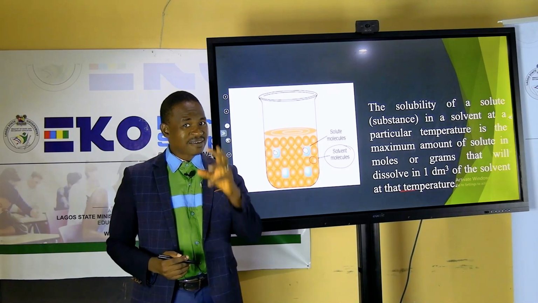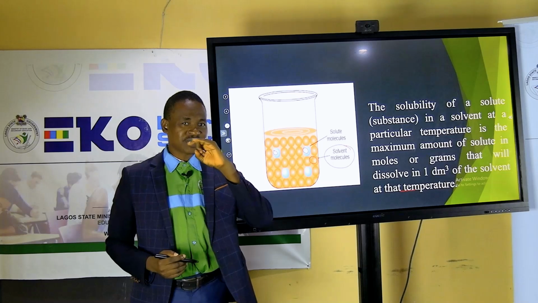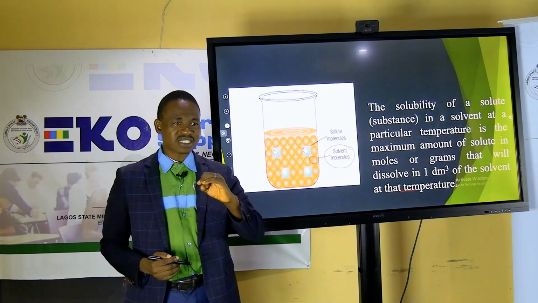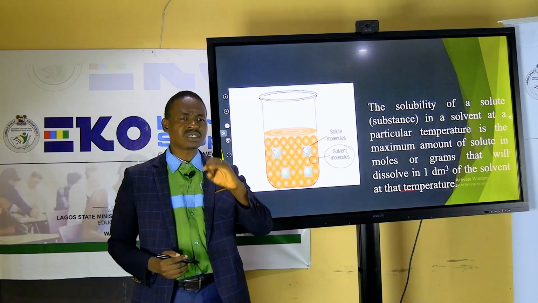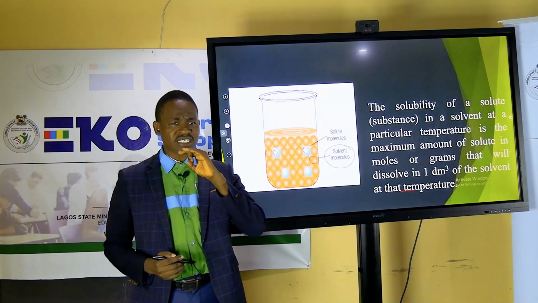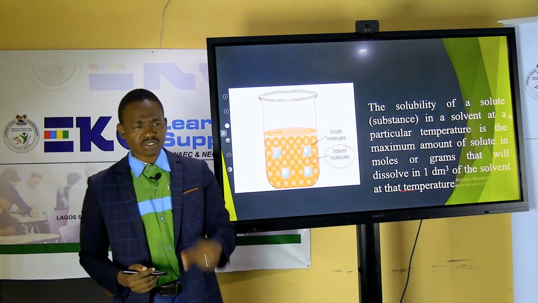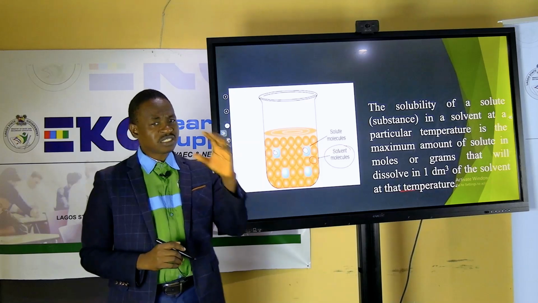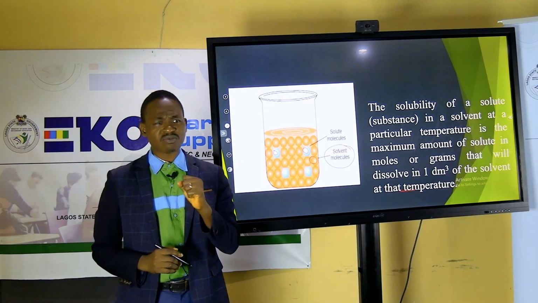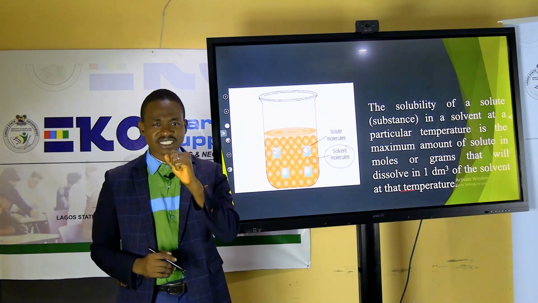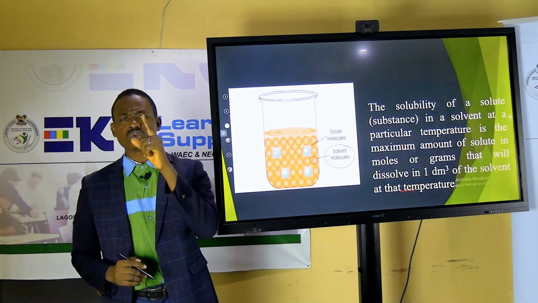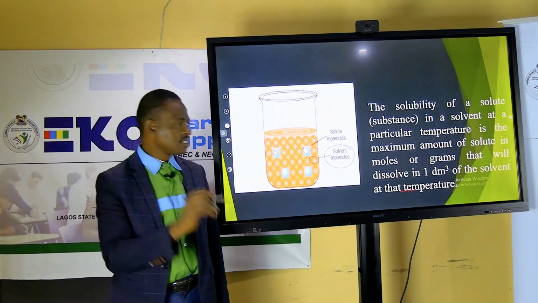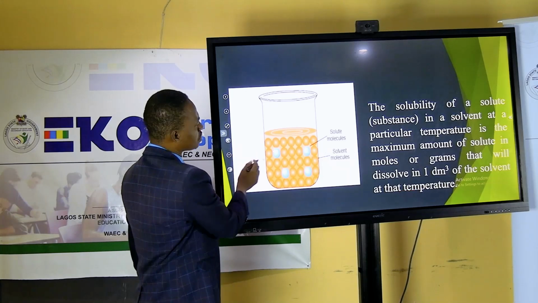But remember, maximum amount. To get to a point that the solute will not be able to dissolve in that water called solvent, you have already reached what we call saturation. So this maximum amount of solute that you can dissolve in 1 dm cube of solvent at that particular temperature is what we call solubility. Okay, fine.